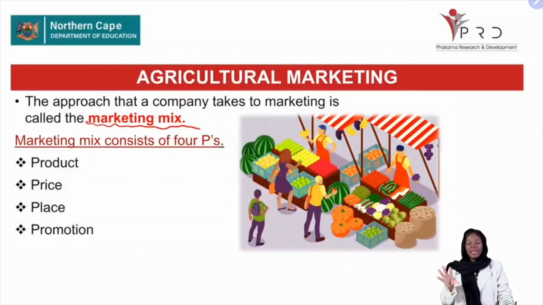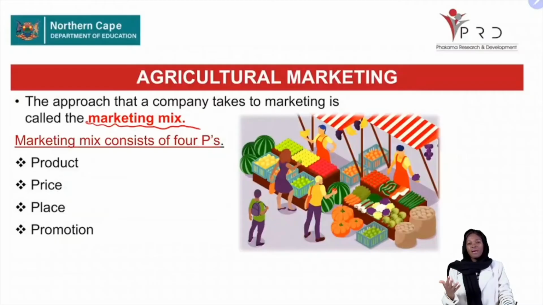This marketing mix consists of 4 P's. Firstly, the product. Secondly, the price. Thirdly, place. And the last one, promotion.